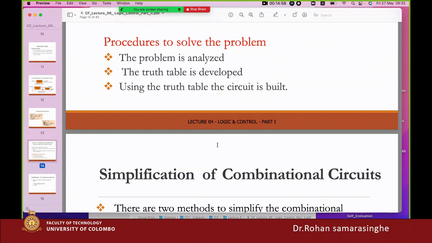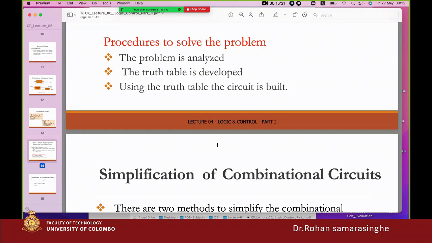Because when you use more gates, your circuit is not efficient, and you will also have to spend more because you will have to buy the logic gates to design the circuit.